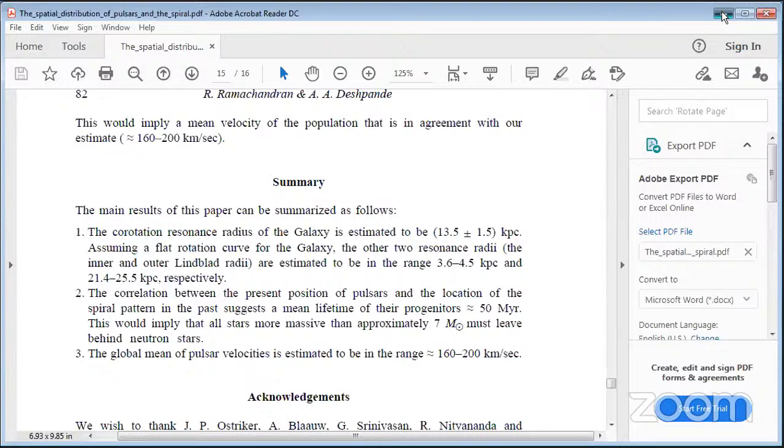What we see is the view from within, so disentangling where the different arms are, at what distance, is inferred largely from the neutral hydrogen measurements, because they have the tag of the Doppler shift associated with different distances.